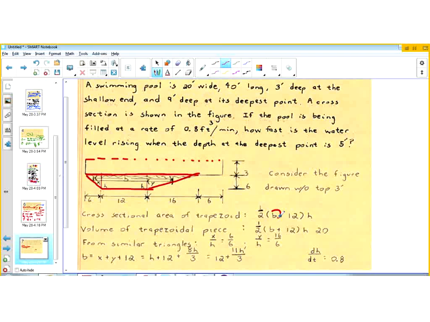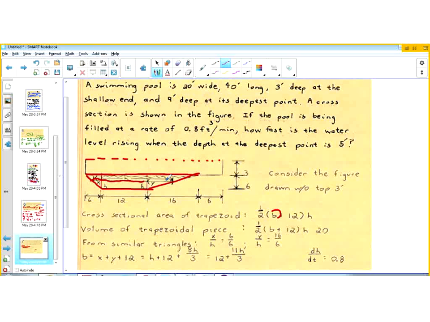Let B, with this parameter B right here, be the width of the water surface. You see, as water pours in, the surface of the water will expand to a certain width.